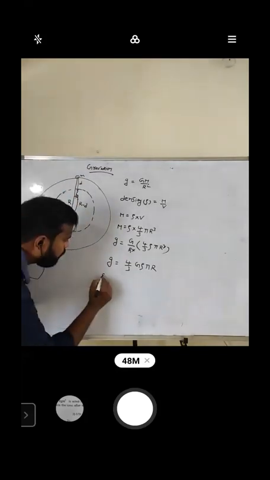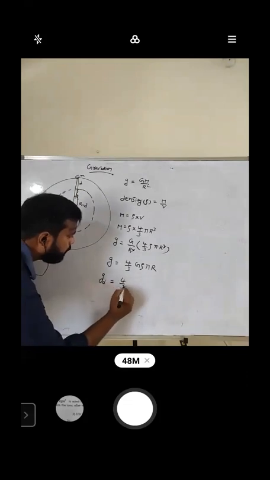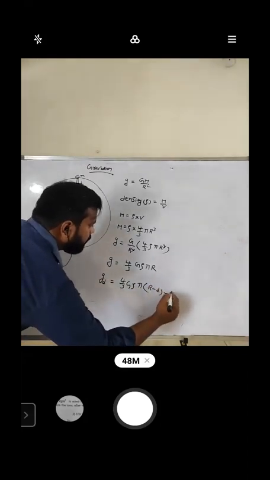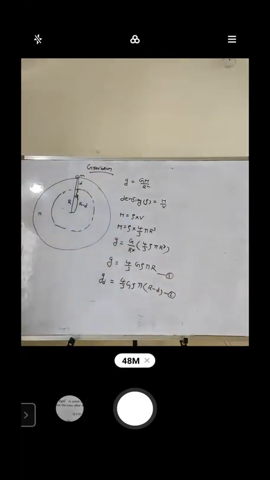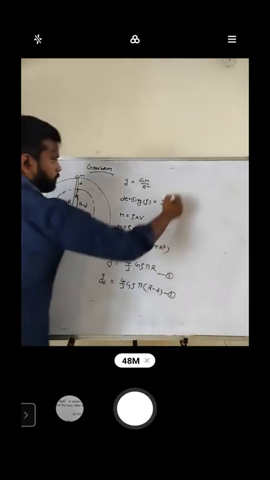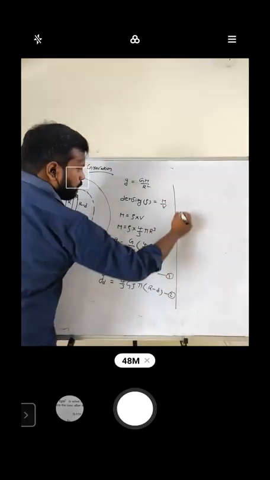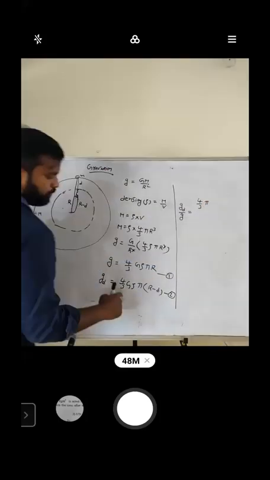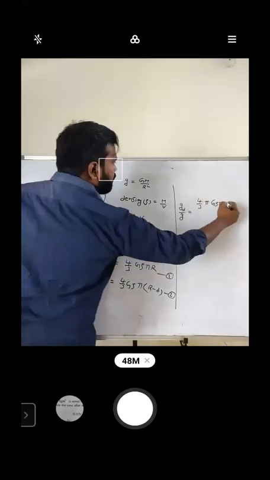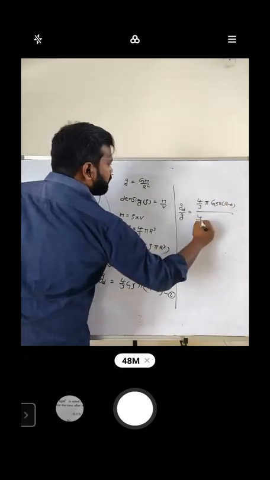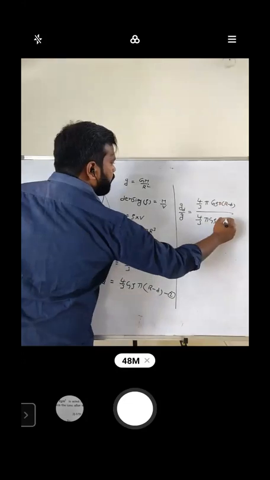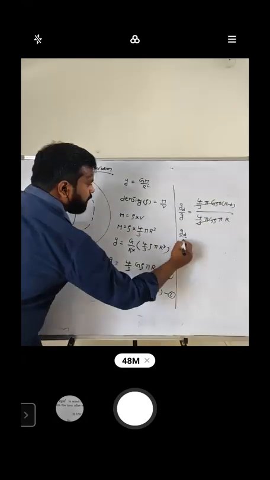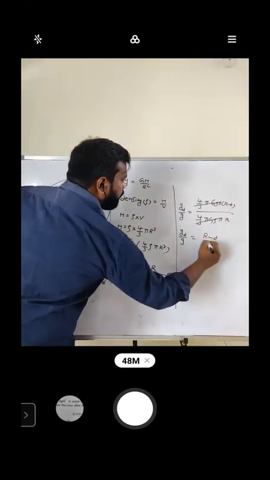Now I'm writing that also. g at depth d equals 4 by 3 G rho pi into r minus d. Take this as equation 2 and the earlier one as equation 1. Dividing equation 2 by equation 1, g_d by g equals 4 by 3 G rho pi into r minus d, whole divided by 4 by 3 G rho pi r. So g depth by g equals r minus d by r.